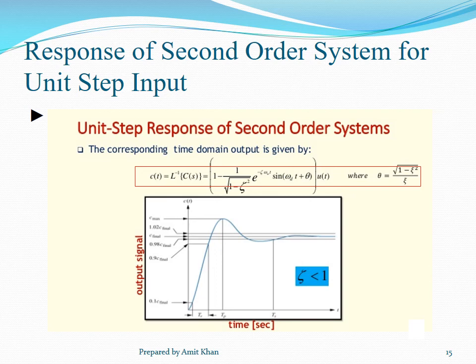The formula of the corresponding time domain output is c(t) equals 1 minus 1 divided by root over 1 minus zeta square into e to the power minus zeta omega n t into sine (omega d t plus theta), where theta is defined as tan inverse of root over 1 minus zeta square by zeta.